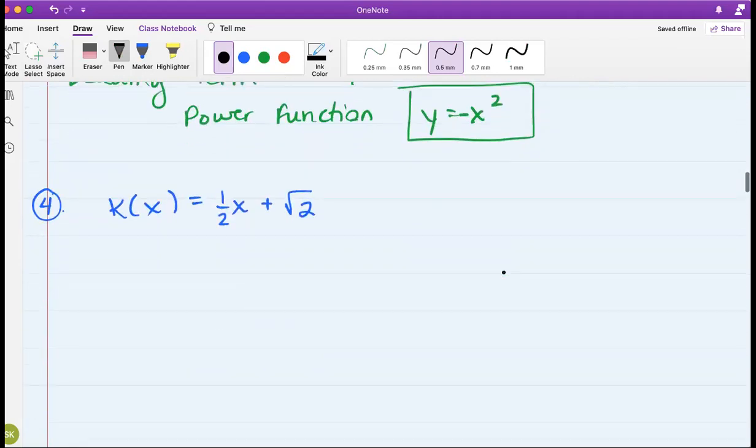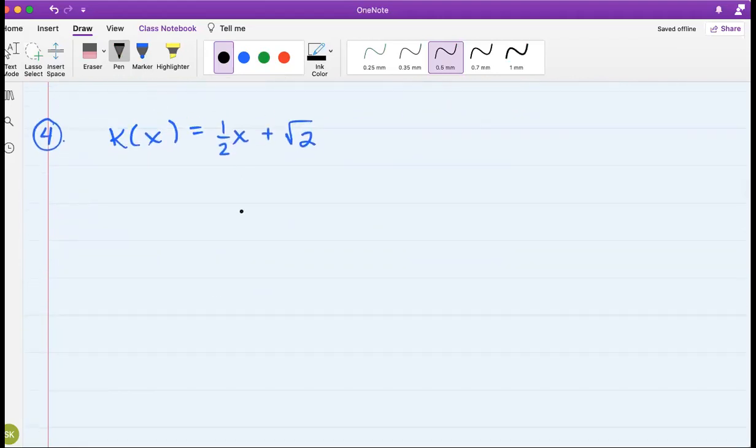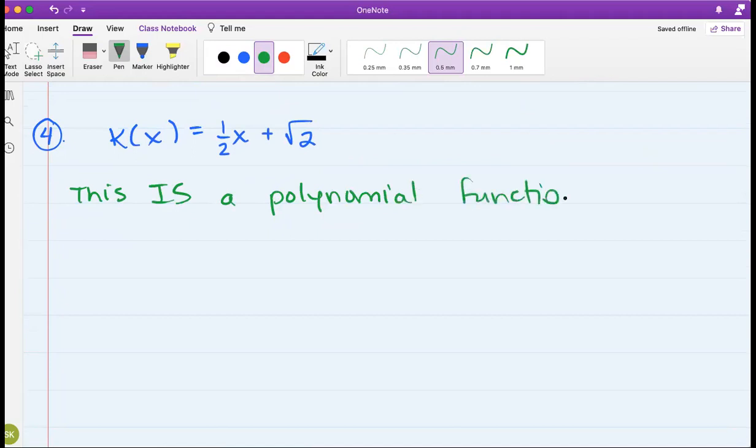Okay, here's the next problem. K of x is equal to 1/2 x plus the square root of 2. This is a polynomial function. In fact, this is a line. Notice that this takes the form ax plus b.